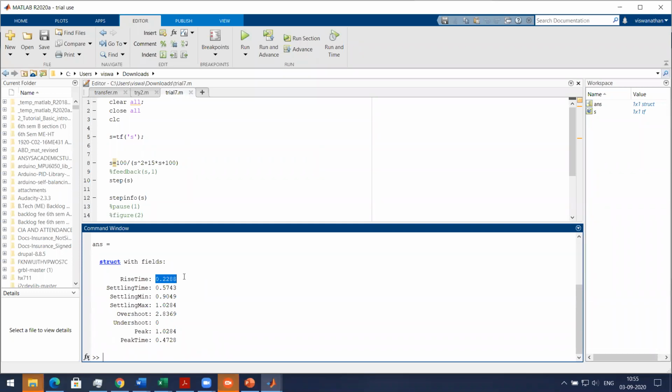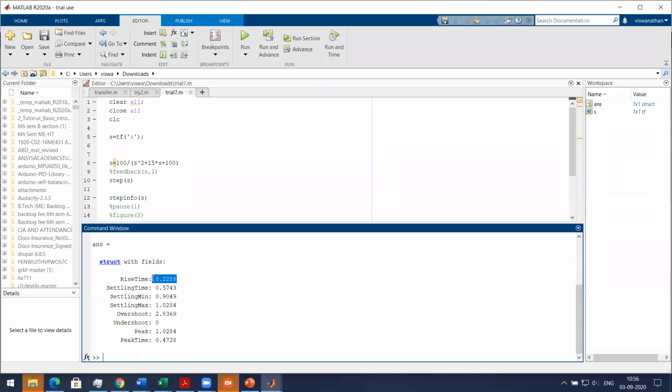Okay. So here if you see, the rise time is shown as 0.2288. This is not what we got. We got something else. Let's look at the percentage overshoot. Is it correct? Yes, sir. Let's look at the peak time. Is it correct? Yes, sir. We got 0.475. Peak time is fine, and overshoot is also fine.